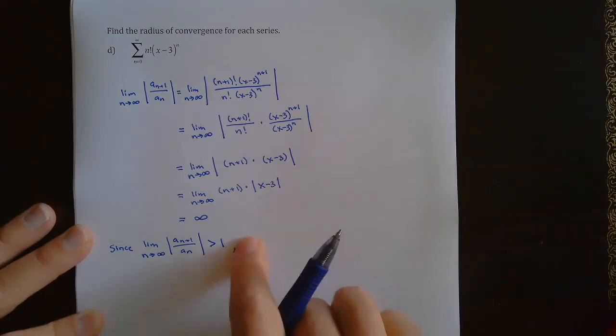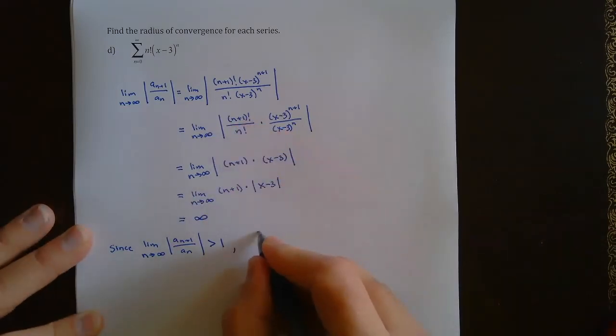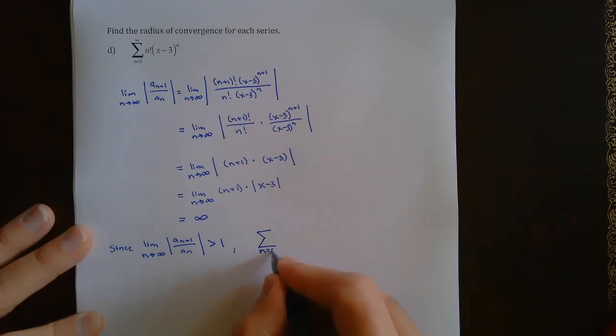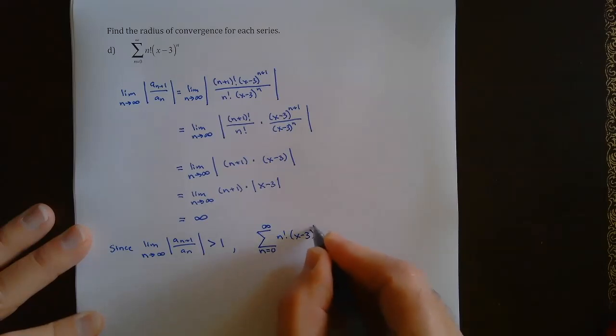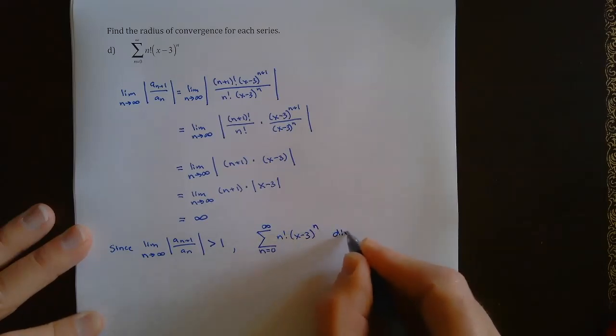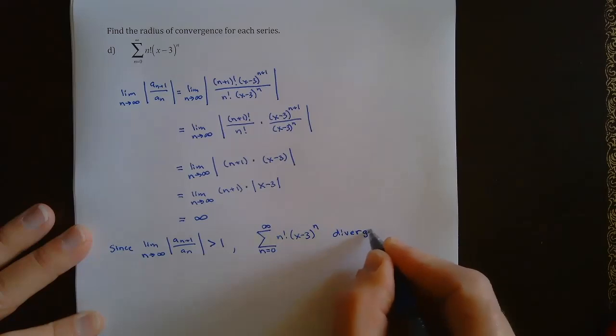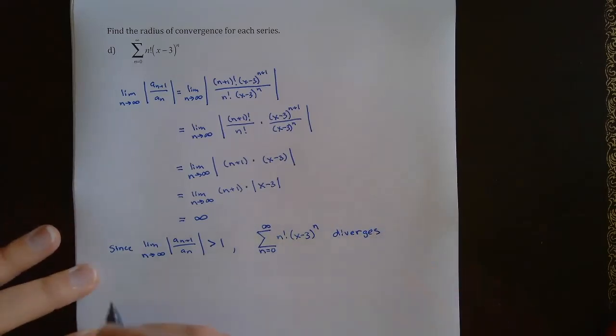So what do we know? We know the series that we started with, the sum from n equals 0 to infinity of n factorial times (x minus 3) to the n, diverges by the Ratio Test.